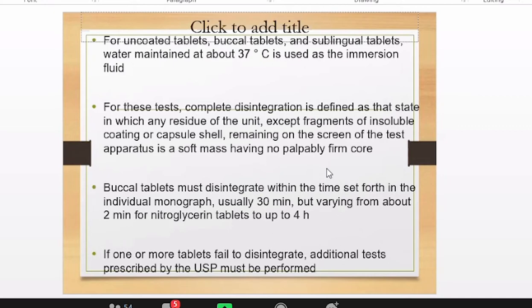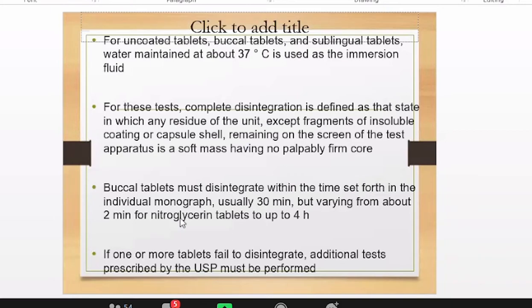At that point, it doesn't matter whether you are seeing fragments all over the place. The tablet can simply remain as a complete structure, but it is soft. If it is soft and you cannot feel any firm core within, then you consider that those tablets have disintegrated.